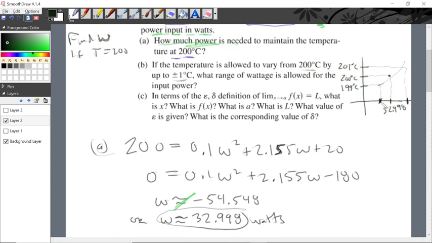So we want to find the value of x associated with the lower mark of 199 and the value of x associated with the higher mark of 201. You find those two x values, and then you find the distance between each of them and the target value of 32.998.